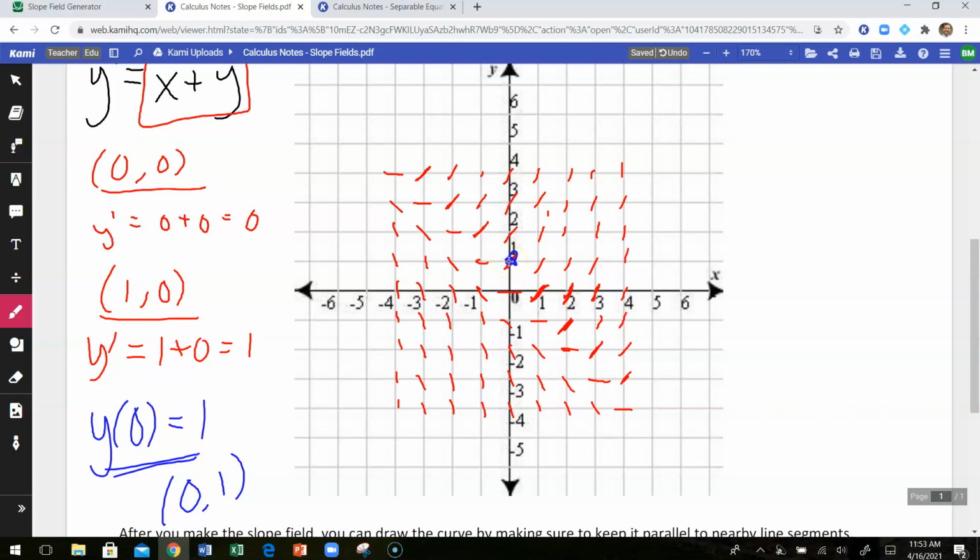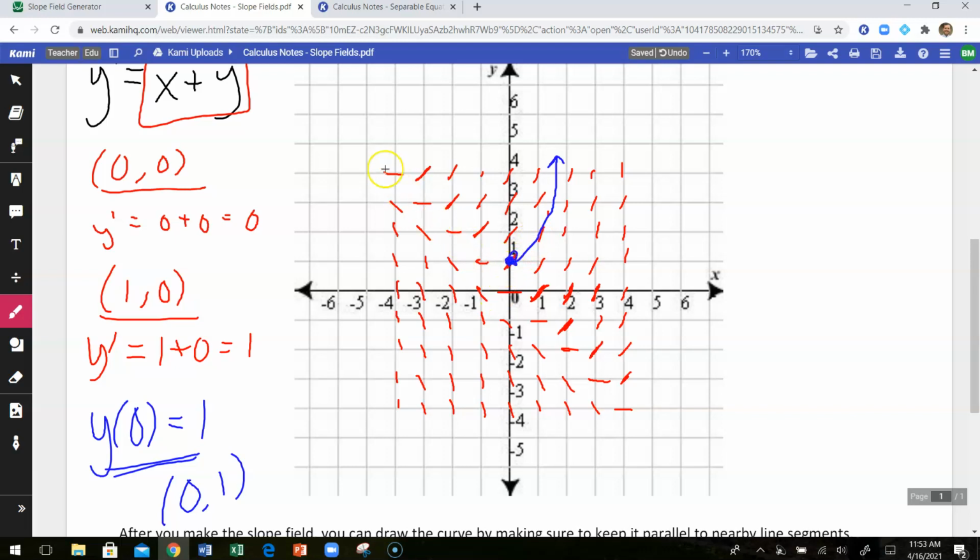Now, following the hash marks is essentially like keeping your graph kind of parallel to those things, right? So as I go off to the right, I can tell I'm just going to be going up, right? All those hash marks are telling me, hey, the further right you go, the more vertical you get, so go up. As I go off to the left, initially, because at 0, 1 it's going down, initially I'm supposed to go down.